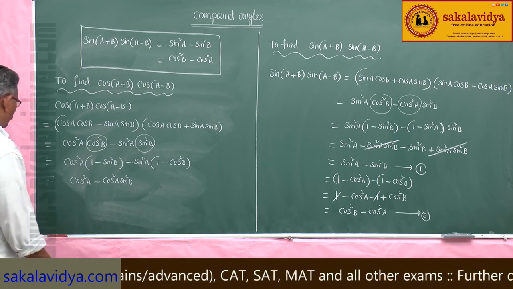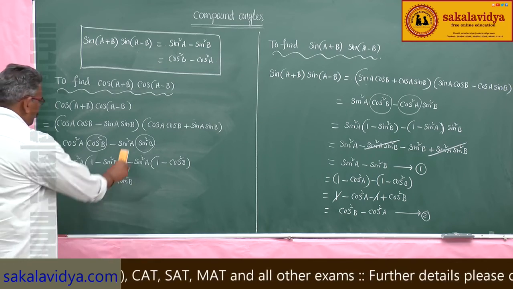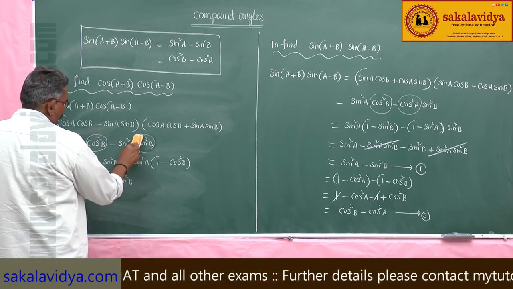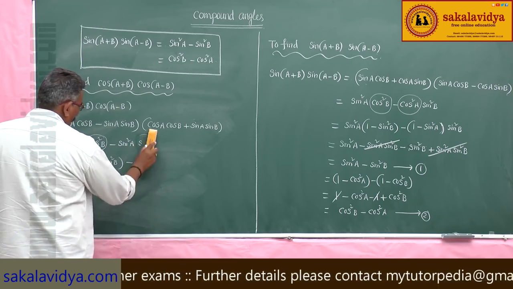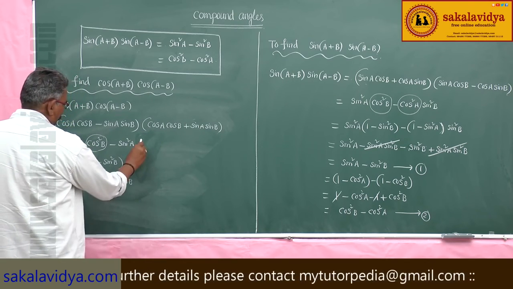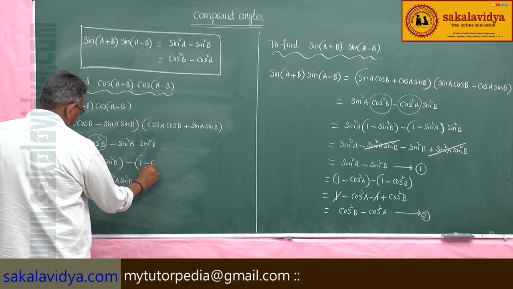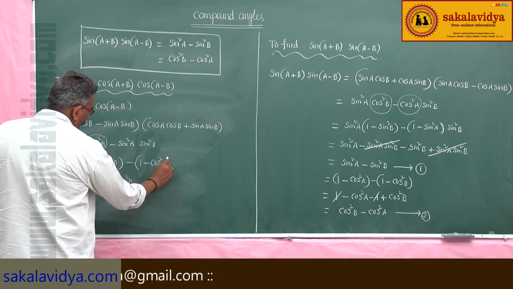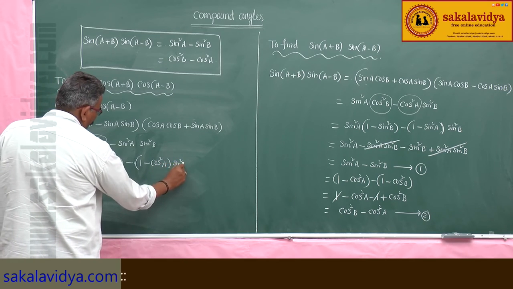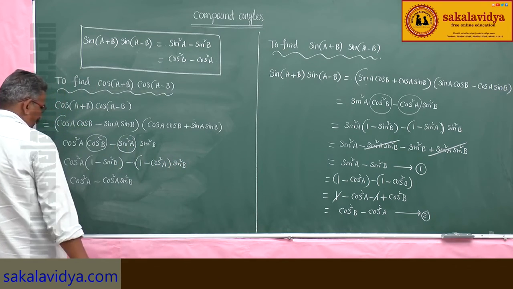So better in this case change the sin square A, not sin square B. Change sin square A. This is sin square B, 1 minus cos square A into sin square B. Now what do you get?